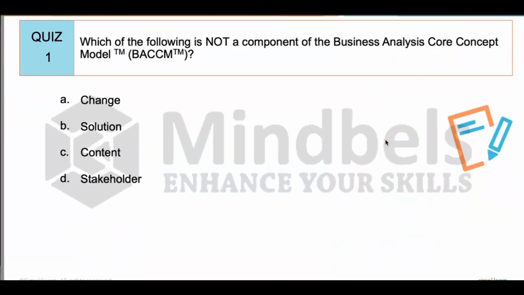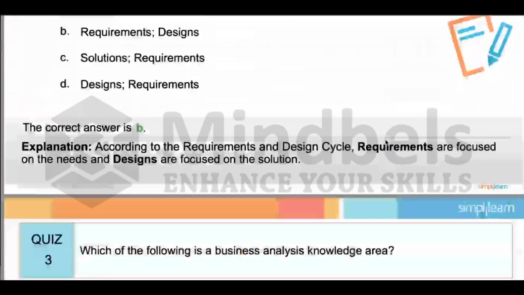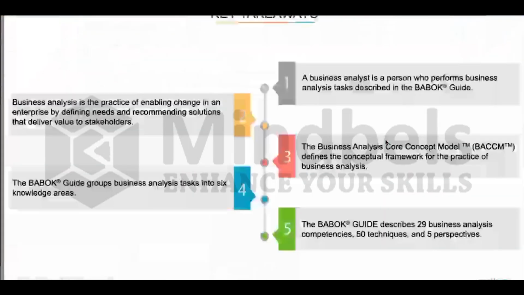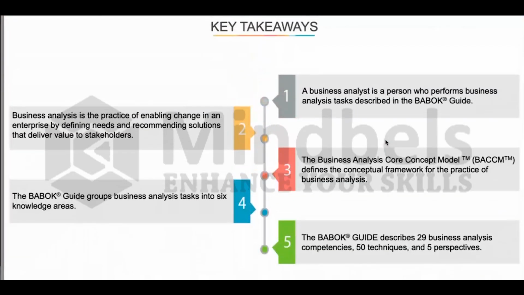Now, I'll also share these things with you. You don't have to do it immediately, but our key takeaways from these sections are: you have to understand who a BA is, what a BA does, how the BA model is set up, what the framework is, and what the six knowledge areas are.